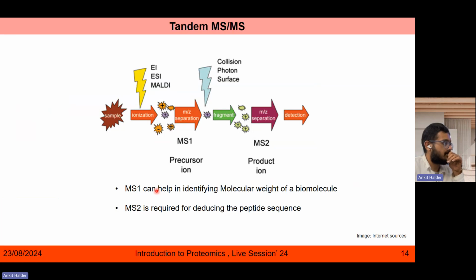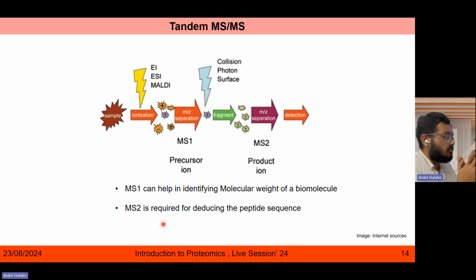At least we will see some basic problems: how you can calculate the distance required if you want to detect your ion in a particular time for effective separation, as well as at what particular time your ions will reach the detector. We will see how to solve these kinds of problems.